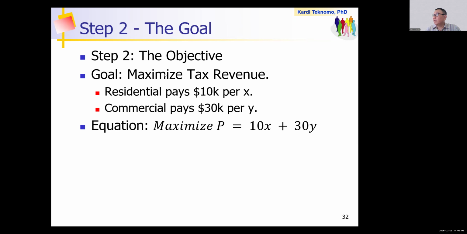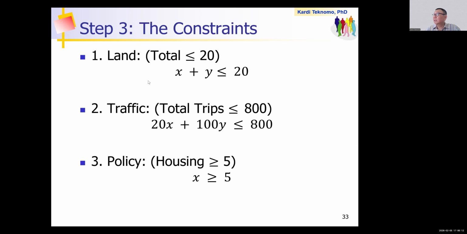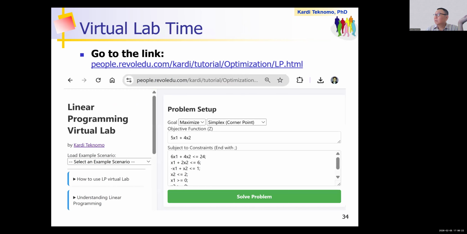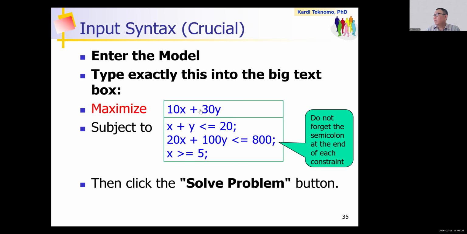The third step is to define the 3 constraints above. This is just a recap from last week. Once you put this in, you go to the lab and put in this syntax: maximize this, subject to these constraints.